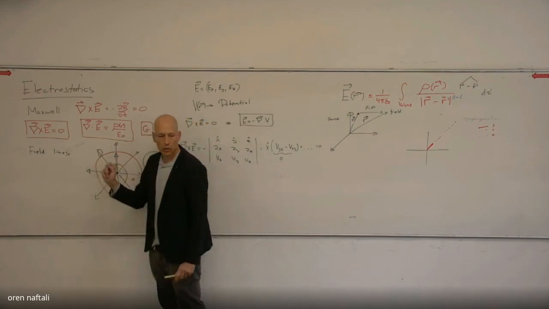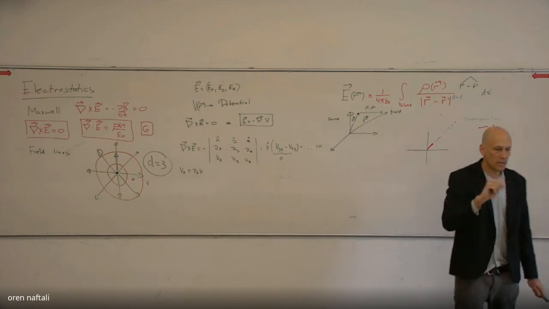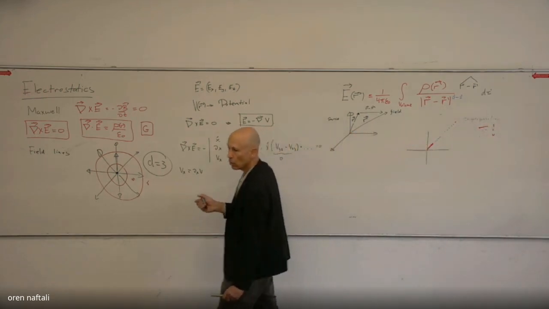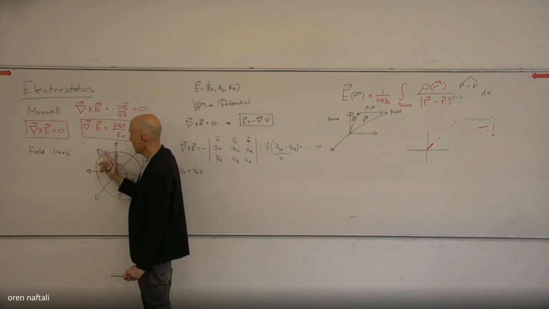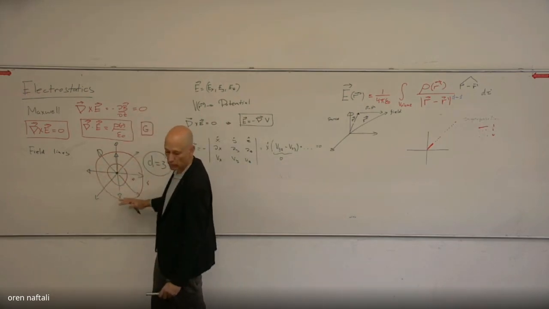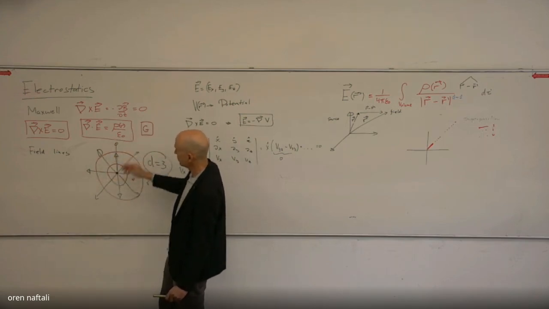But what is the ratio of the densities? The ratio of the densities is exactly the ratio of the electric fields. And this is only because of how the density is calculated: the number of lines over the surface of these balls.